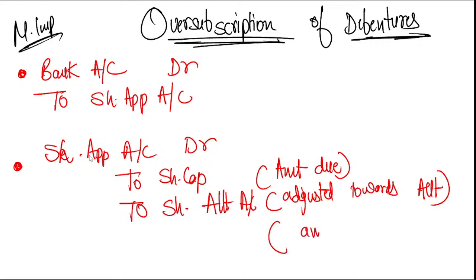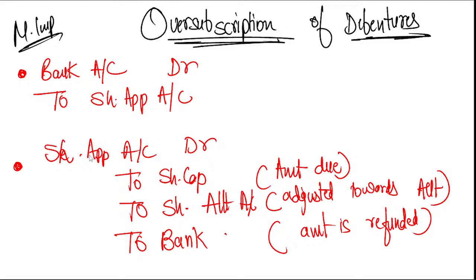And if any amount is refunded, अगर कोई भी पैसा वापस हुआ तो you will credit bank account. So this is the entry if the shares are oversubscribed. First, we received application, bank account debit to share application. And then the second entry, share application debit to share capital to share allotment to bank.